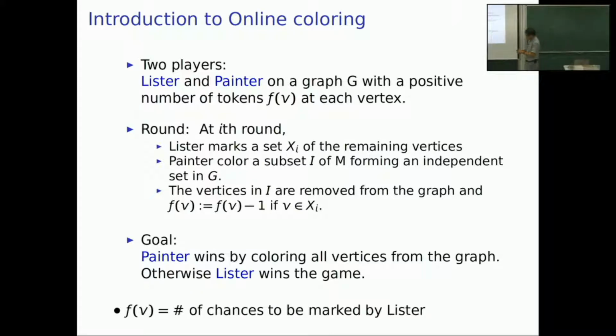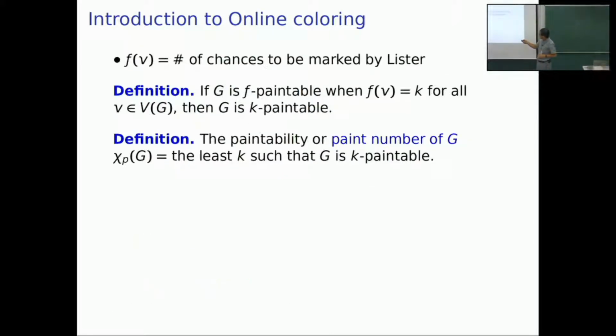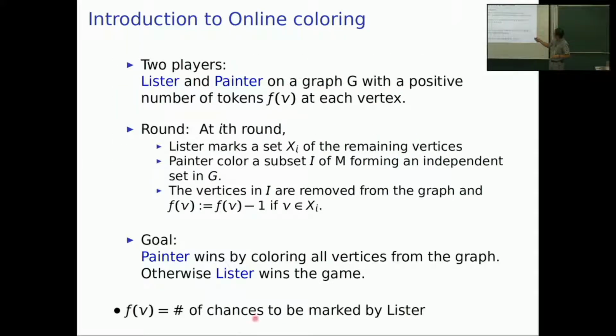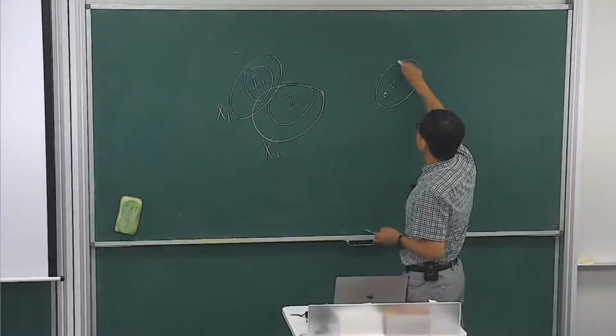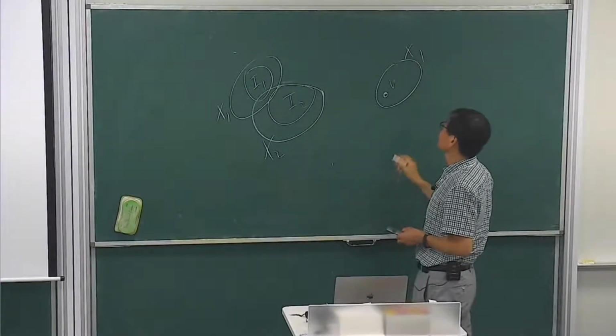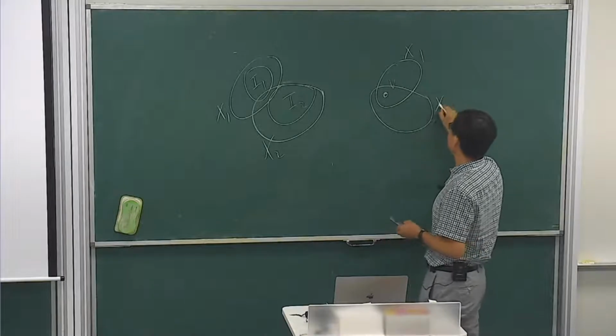So here we have a notation, f of v, the token. It means how many times a vertex can be presented.